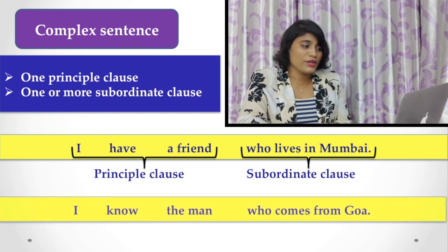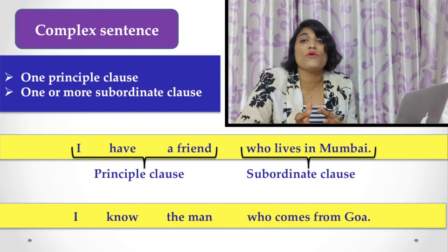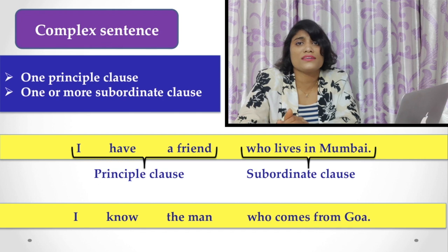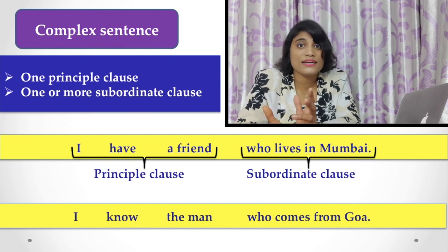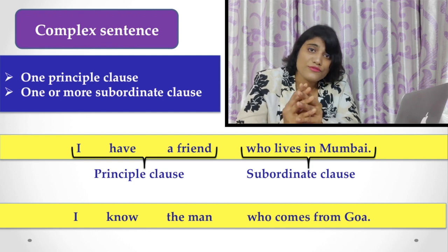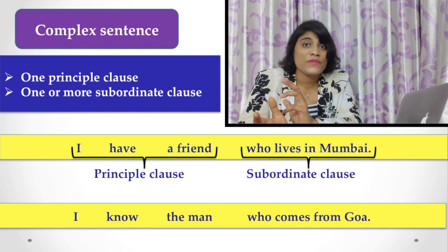Another example for you, I know the man who comes from Goa. Here also, if I say I know the man, then you ask what? So I have to add more information, that is, who comes from Goa, etc., or who lives in Mumbai, like this.